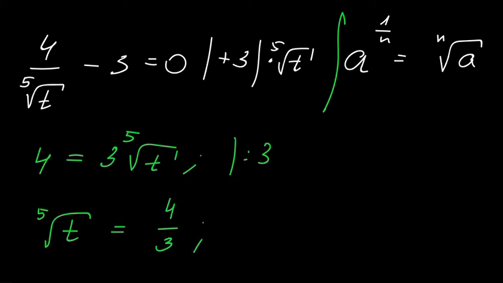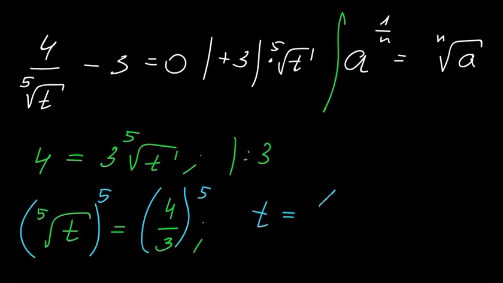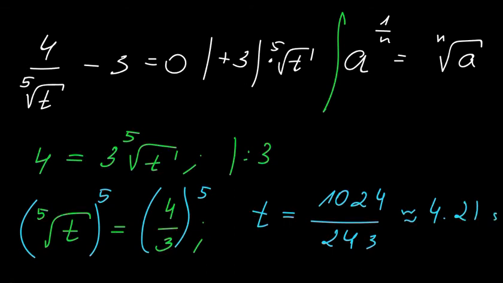Now we need to raise both sides of this equation to the power of 5. So we raise this to the power of 5 and this to the power of 5, and we get that t is equal to 1024 over 243, and this is approximately 4.21 seconds.